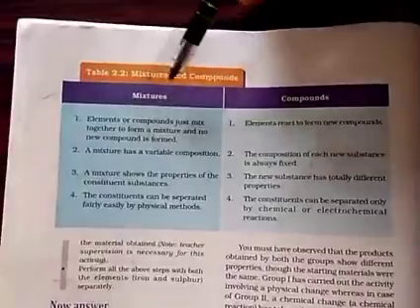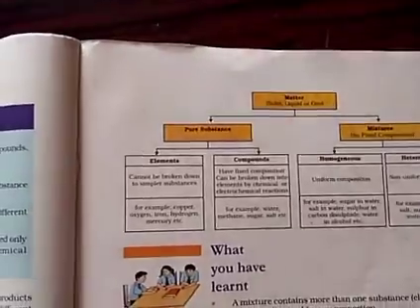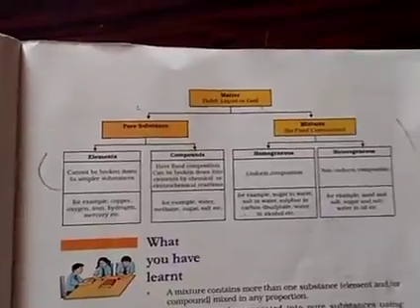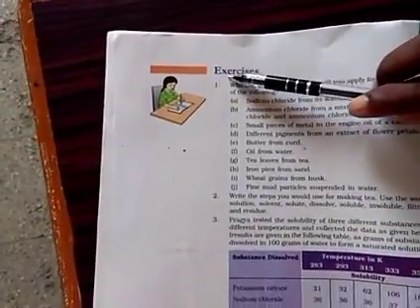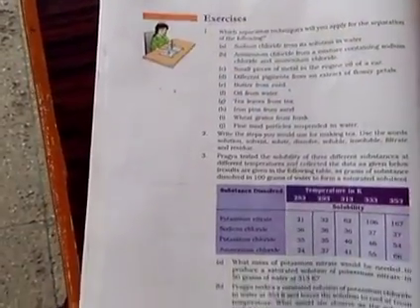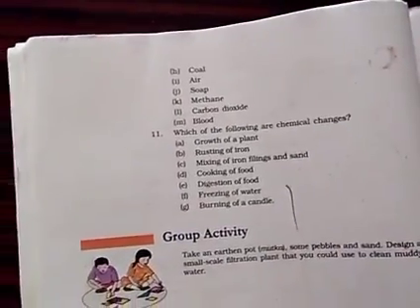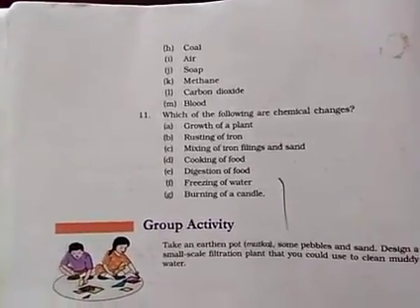Next, page number 26, difference between mixtures and compounds, and page number 27, classification of matter. This full table you have to draw, and also page number 28, exercise question answers from 1 to 11. You have to write and soon send the answers. Thank you children.